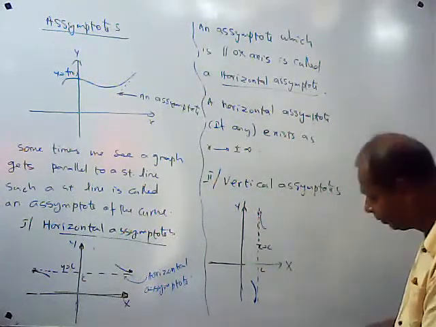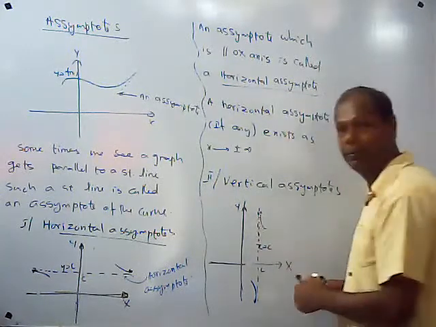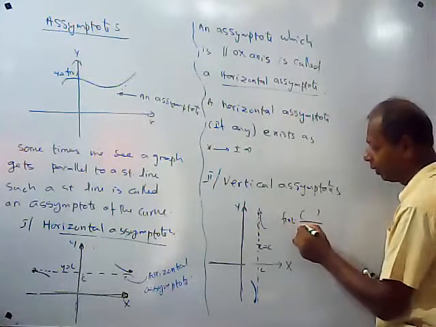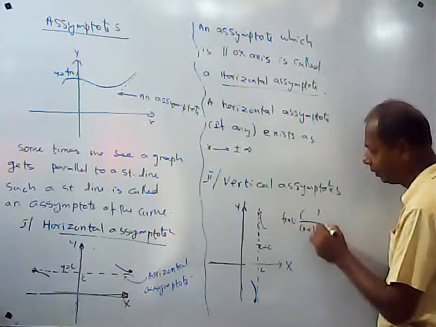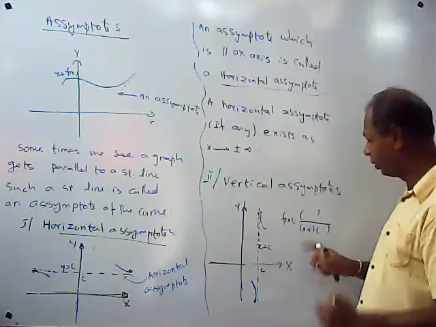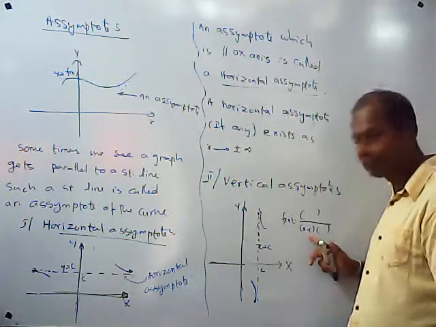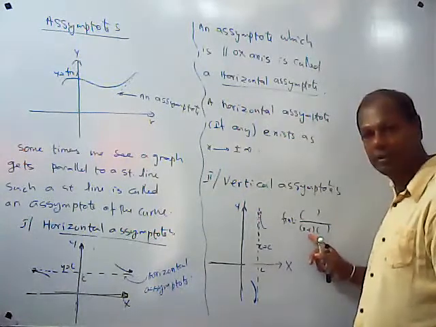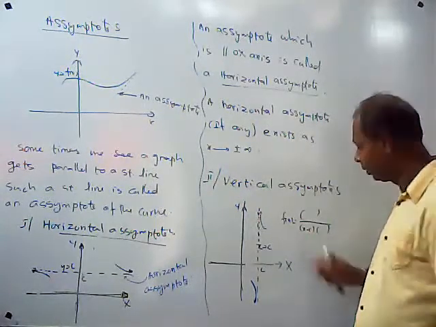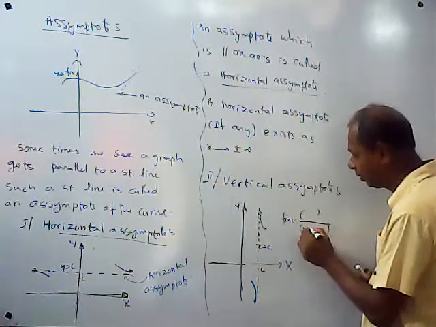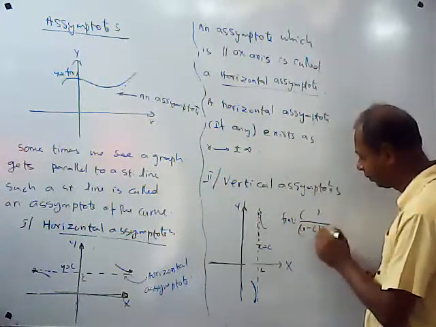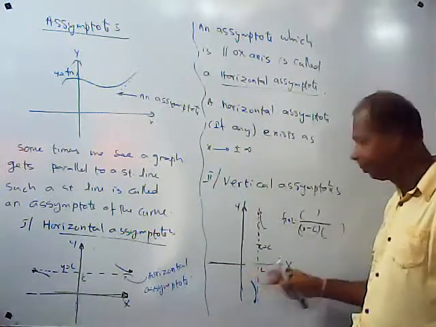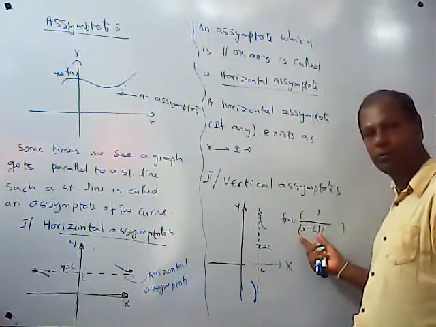Did you notice that for this to happen, in the denominator of f(x) there should be some x minus c? Maybe there are other parts also. For a vertical asymptote at c, there should be some x minus c in the denominator. If you have x minus c in the denominator, then as you get closer to c from this side or the other side, x minus c will get closer to 0.